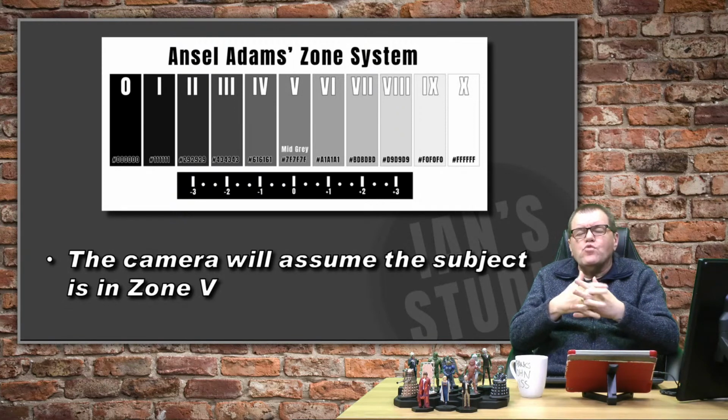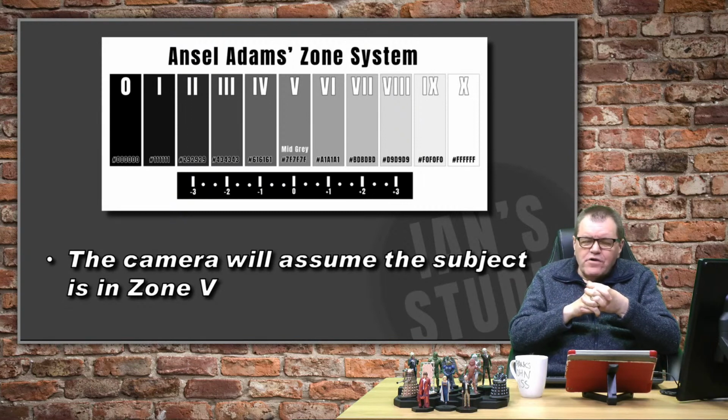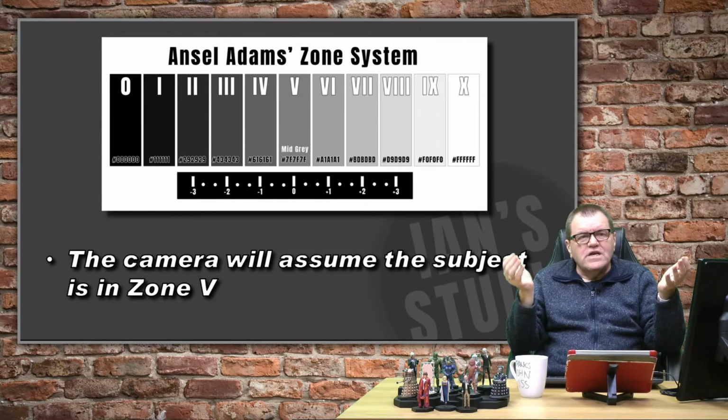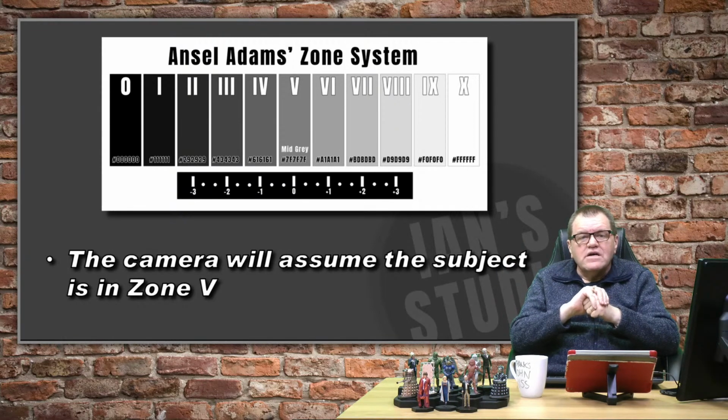So whatever we point the camera at, the camera is dumb. It will assume that what we point the camera at is this zone 5, this mid-tone, which, unless it's in shadow or highly brightly lit, is skin tones, Caucasian skin tones anyway. And it will try to go for that.